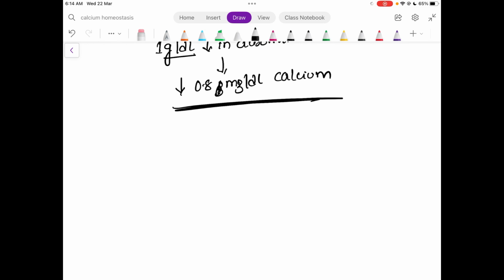So we have to have a formula to get a proper calcium level in relation to hypoalbuminemia.